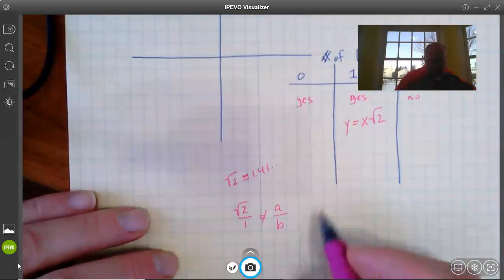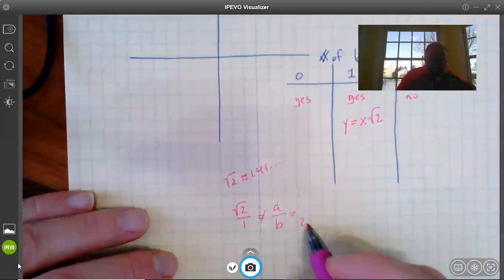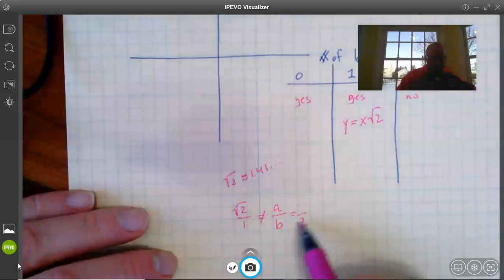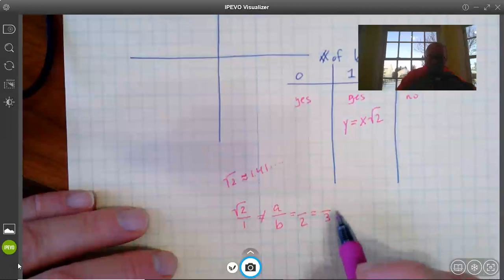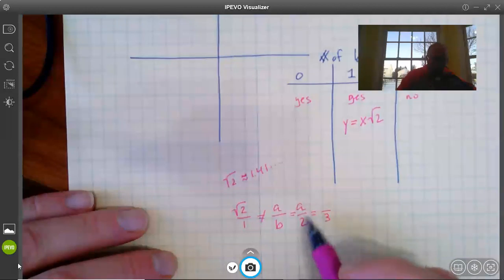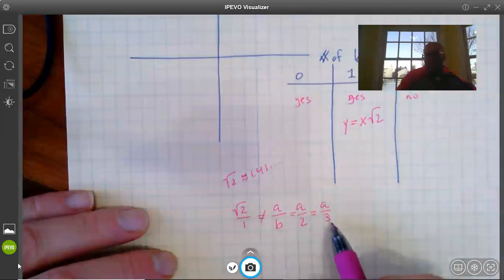If the run is 2 units, then the rise part can't be a whole number, because square root of 2 cannot be written as whole number over whole number. If the run is 3, then the rise part cannot be a whole number either.